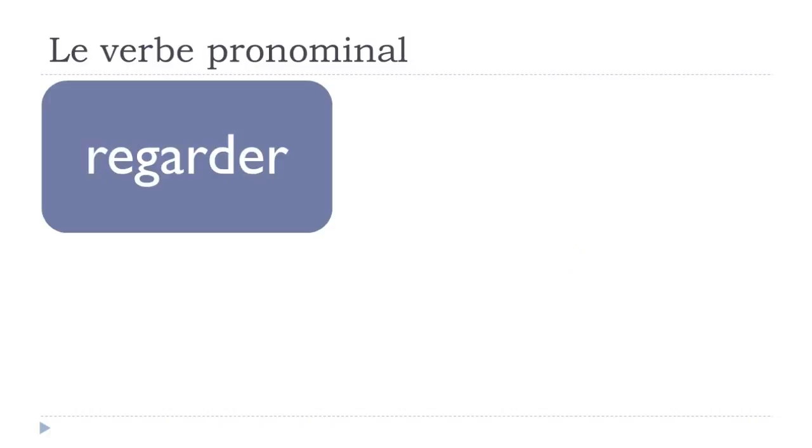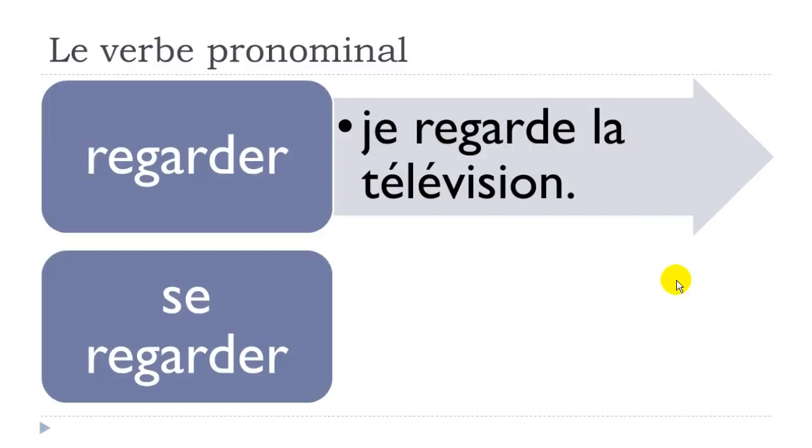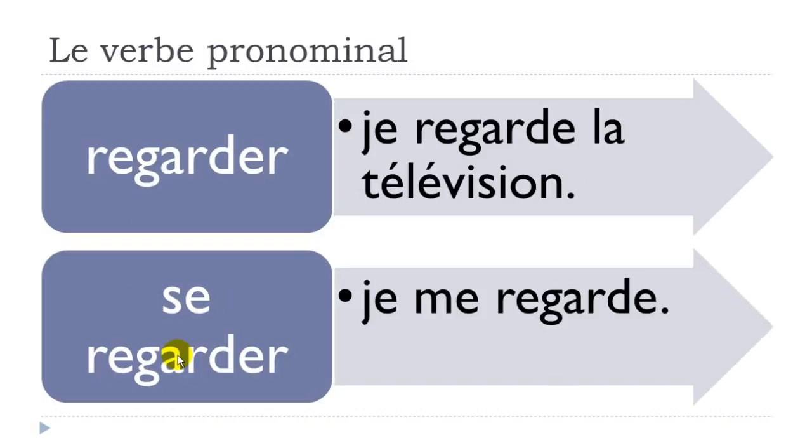So we'll take an example. So if we take the regarder verb, okay? Normally you will construct this sentence, je regarde la télévision, okay? I watch the television. But then, if you use this se regarder, so as I said, to look at oneself, in that case, je me regarde.